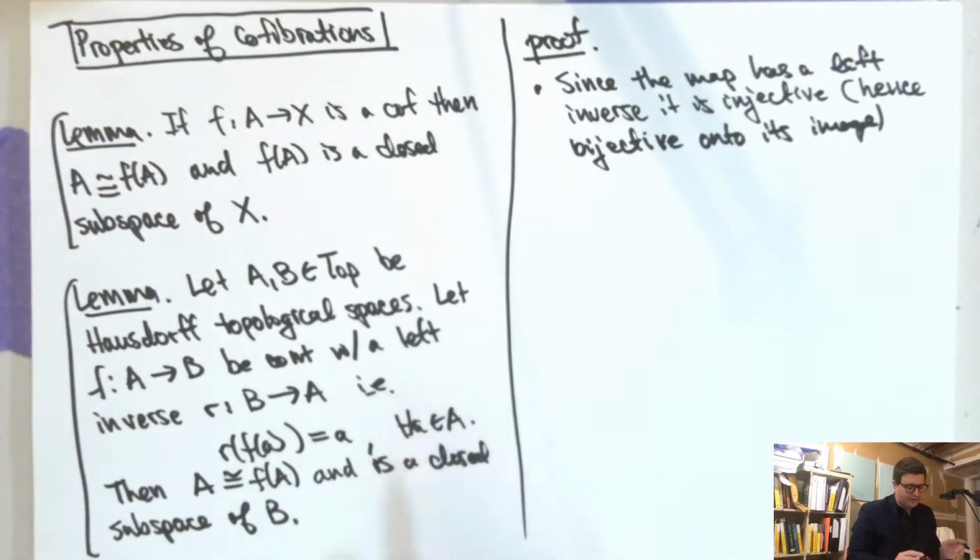You just cancel: if f of a is equal to f of b, you apply R to both sides, and that cancels things.